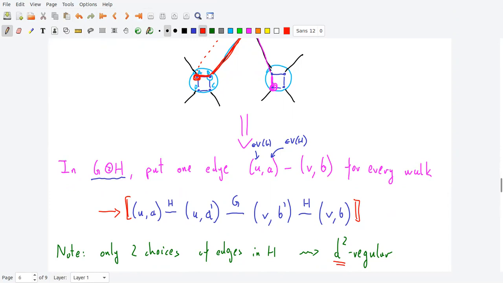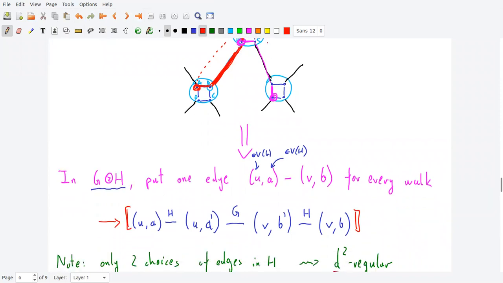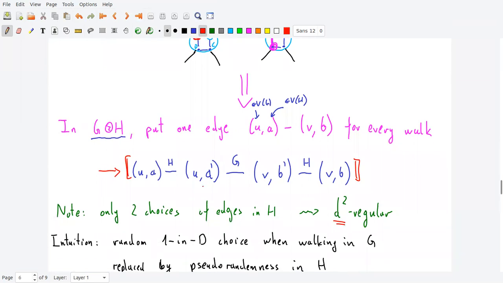Then I have a unique choice of how I travel along an edge originating from G. And then I have another d choices of choosing an edge within the next cloud. So from every vertex of the product, I have d squared ways of creating a walk like that. This means that the product will be d squared regular. So we see that indeed the regularity is much better than the regularity of G.